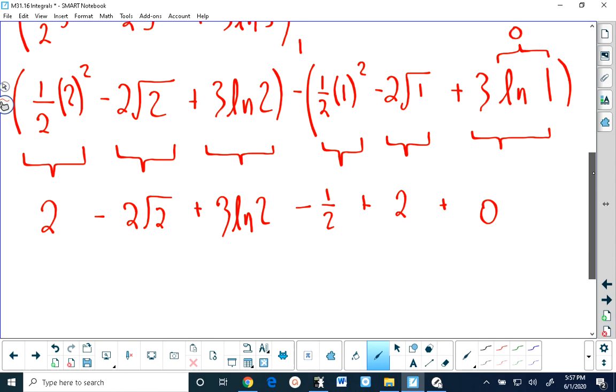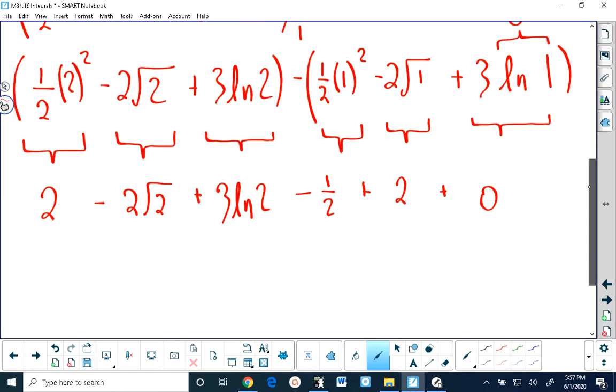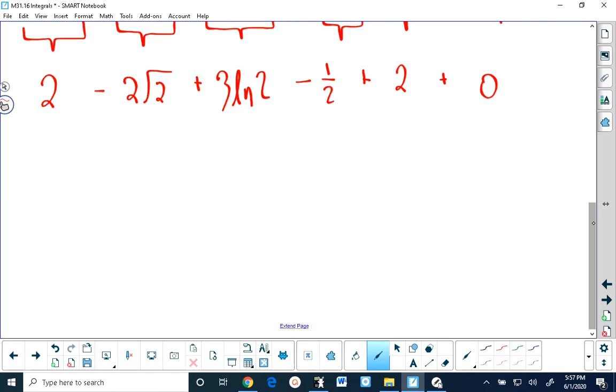So putting this together, I suppose we can start adding some terms together. We have a 2 plus a 2 minus a half. That's 4 minus a half, or 7 halves. So that's taking care of the 2, the negative a half, and the 2. Then we have minus 2 root 2 and plus 3 ln 2.